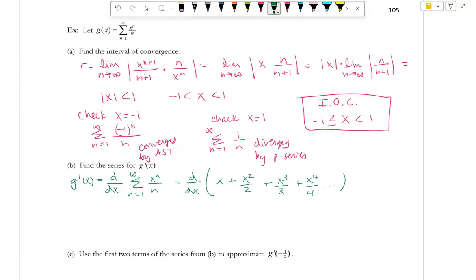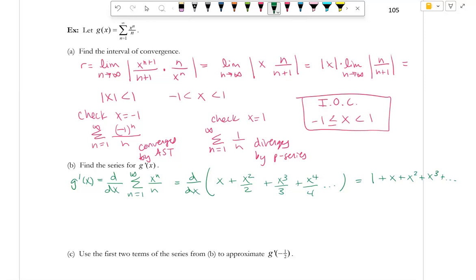So we could take that derivative using the power rule and we would get 1 plus x plus x squared, and so on. We could do that, and then go back and try to write the series from that.